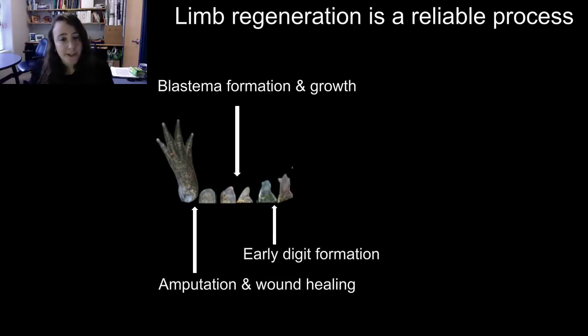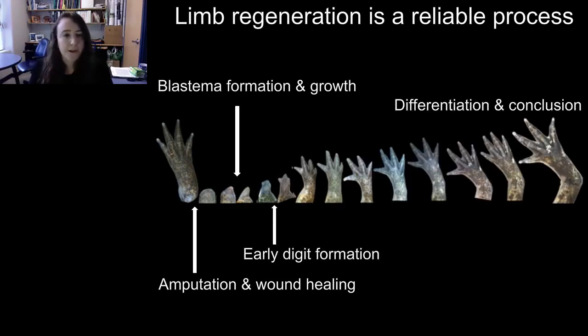And as that blastema grows, eventually the digits start to form, and over time, typically we could say about 30 days, but again this varies a lot depending on the size of the animal, we see differentiation of original tissue types, the formation of digits, and the conclusion of regeneration, which results in a limb that is functionally identical to the original one.